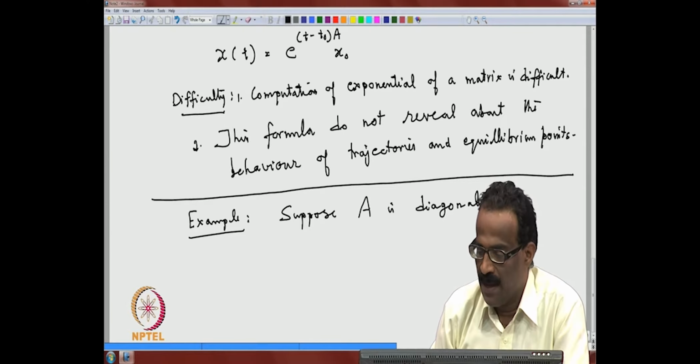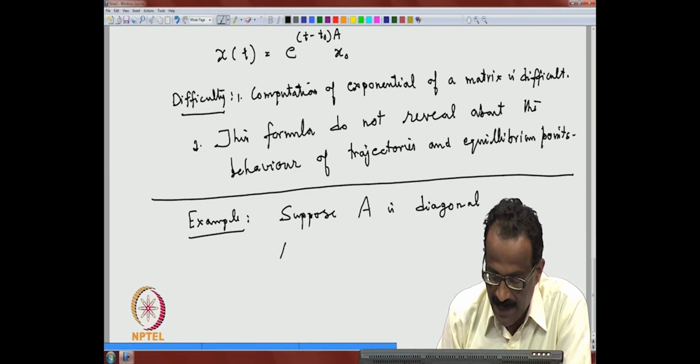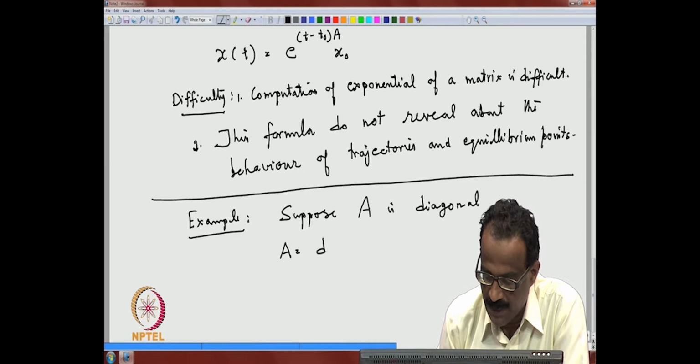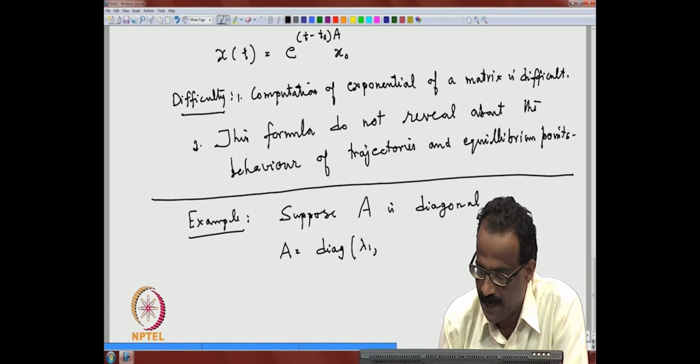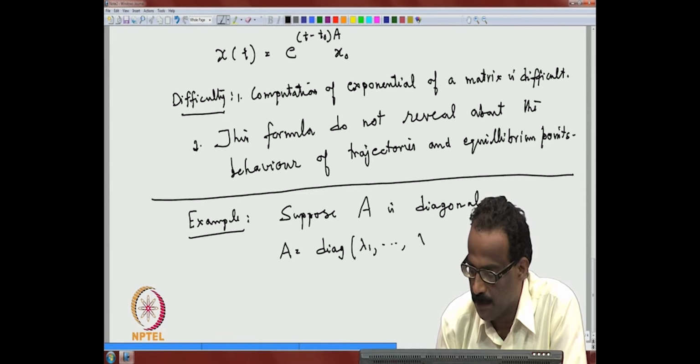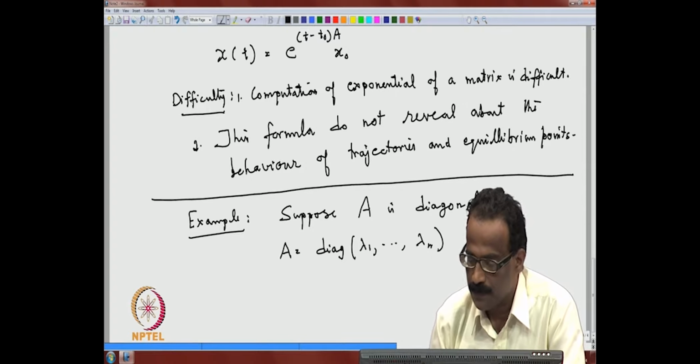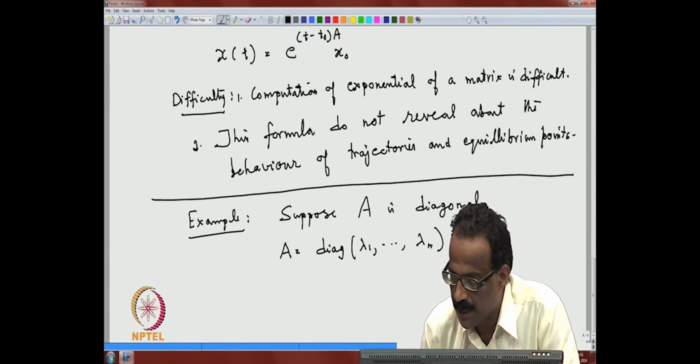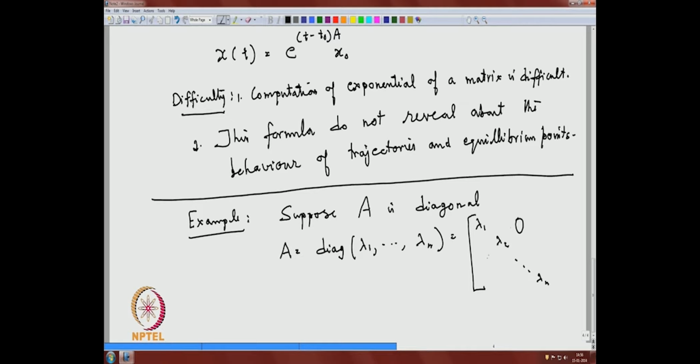That means I write a diagonal matrix in this form, reading only the diagonal entries lambda 1 through lambda n. This is nothing but lambda 1, lambda 2, up to lambda n only along the diagonal, and all the other elements are 0.